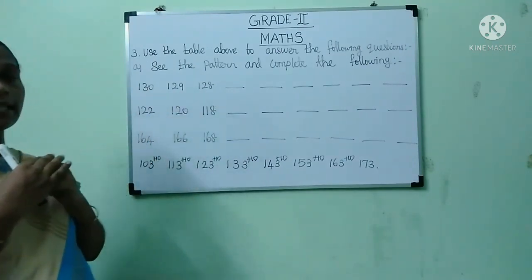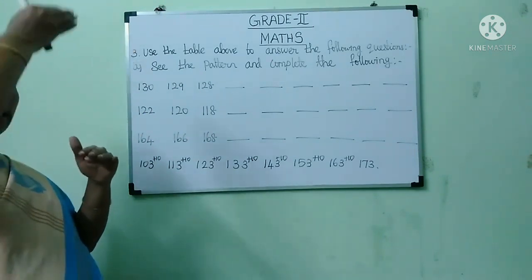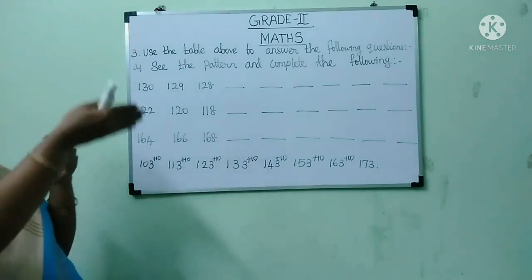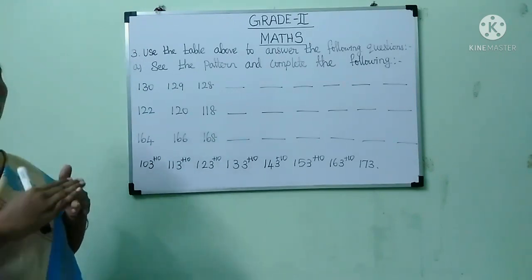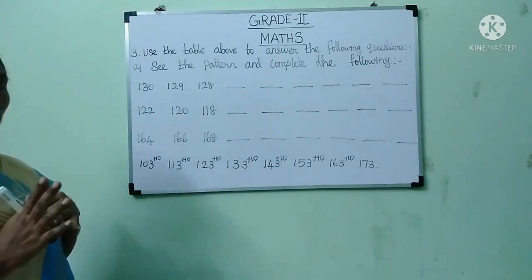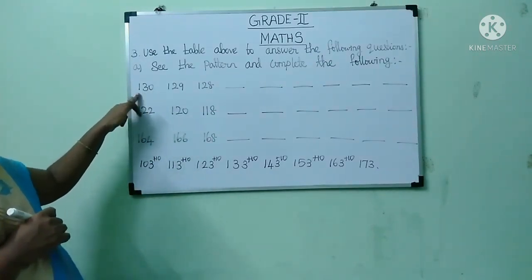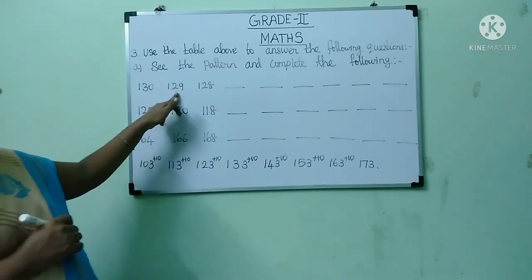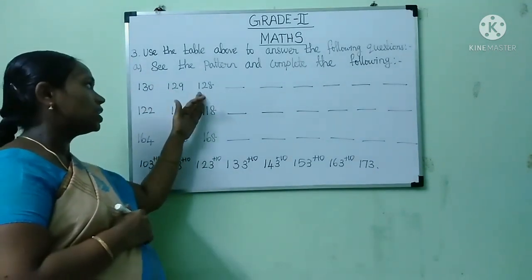That is reverse counting. 30, 29, 28; 28 before 27, 27 before 26, 26 before 25. Are you clear, children? That is before counting.